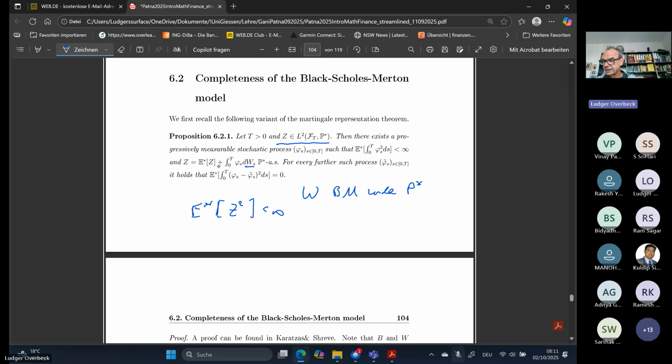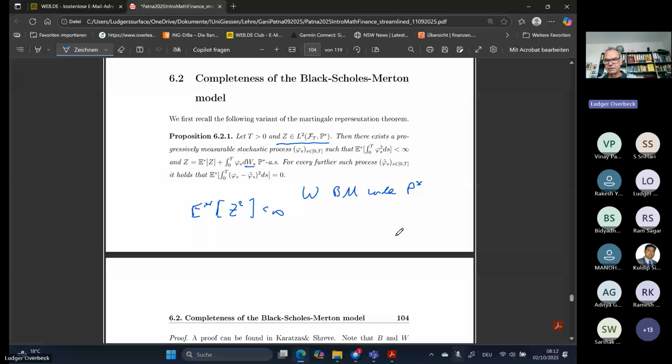If we now take the conditional expectation, from this we can read off the hedging strategy for each contingent claim.